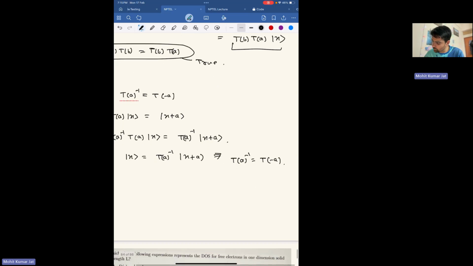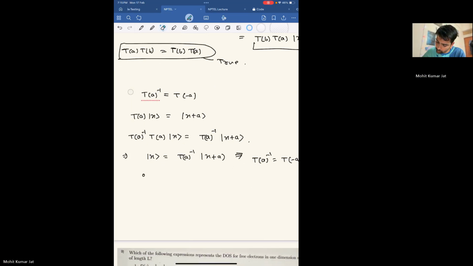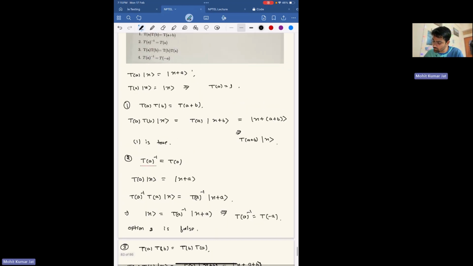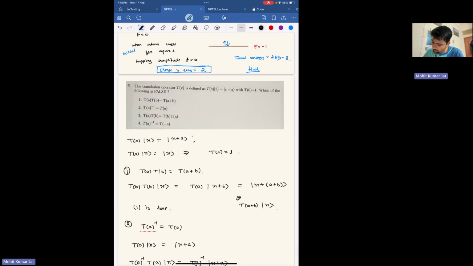And we also get the same. So this means option 4 is true. This means 1, 3, and 4 are true, and the second is false. So the correct answer for this question, since it is asking about the false one, is D, the second.